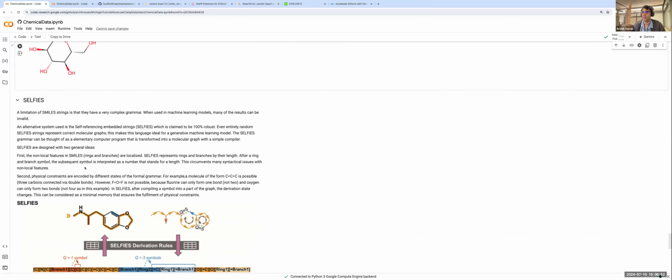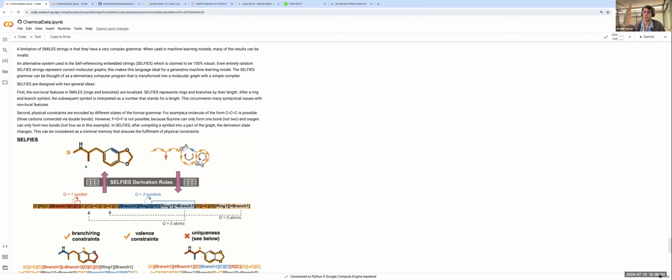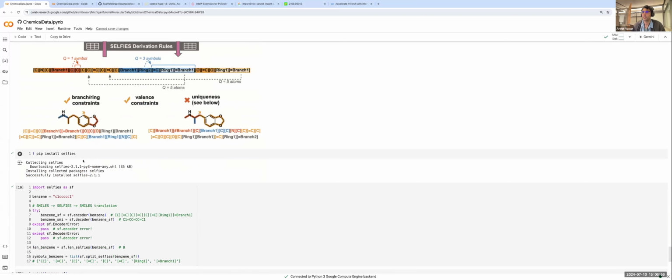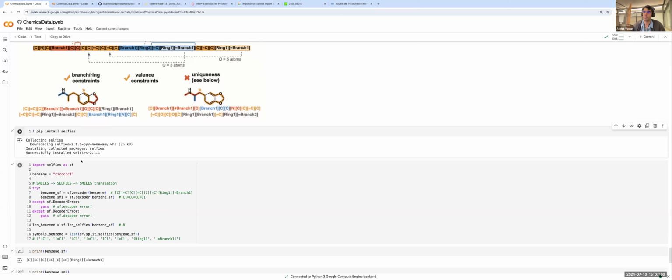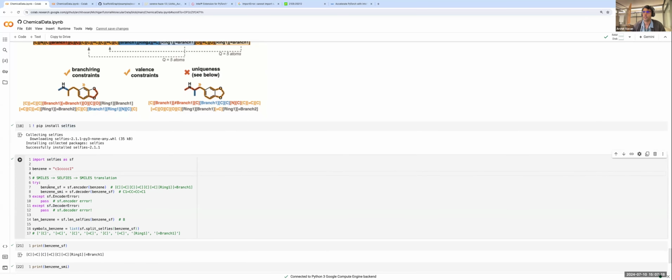And then the final code that I have here, and I'm going to discuss one more thing after this, is SELFIES. I talked about using SELFIES instead of SMILES strings, and the API for SELFIES has a very simple interface for converting between SELFIES and SMILES strings. To do that, you just have to install this selfies API and import it.